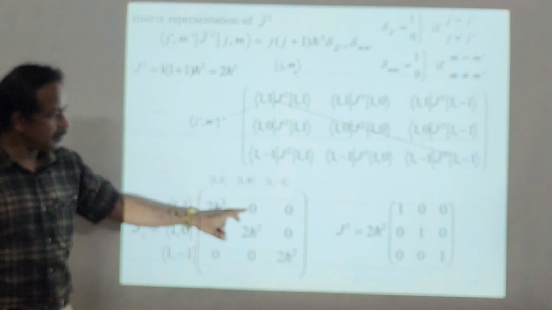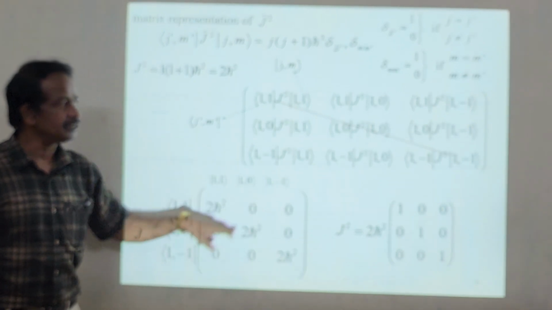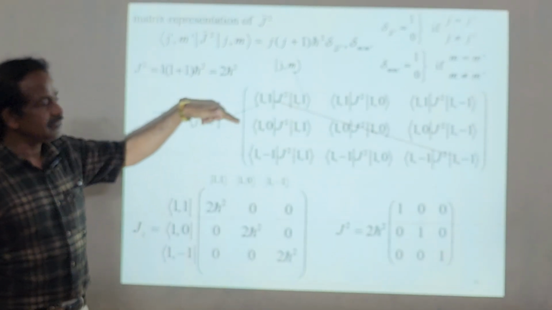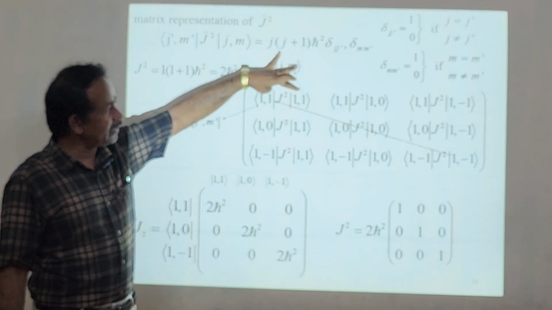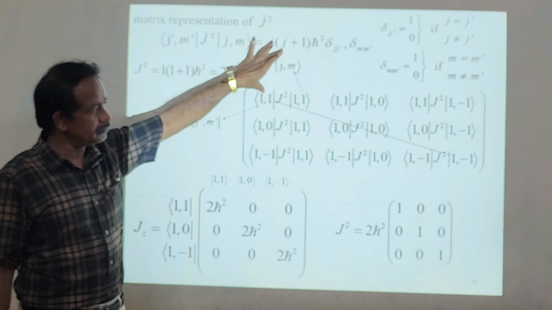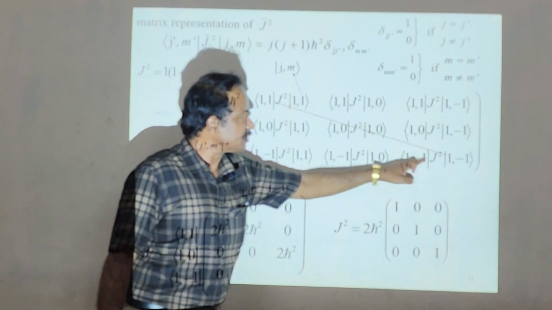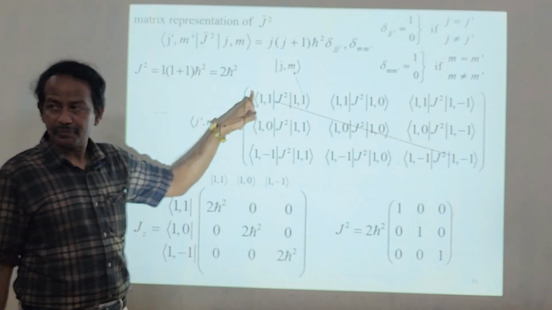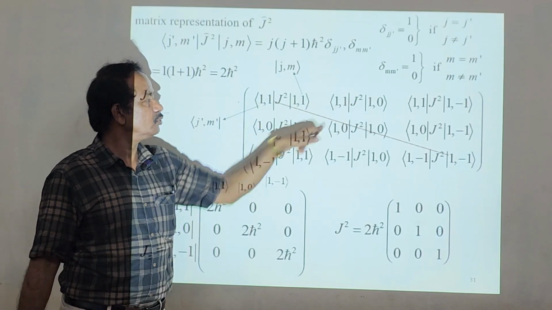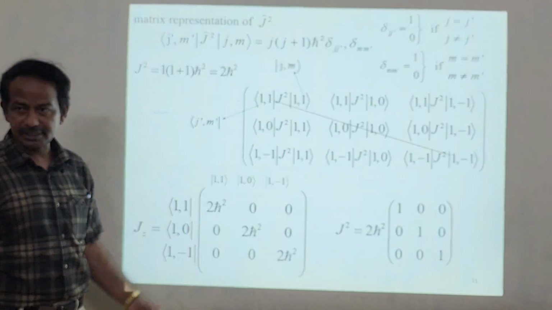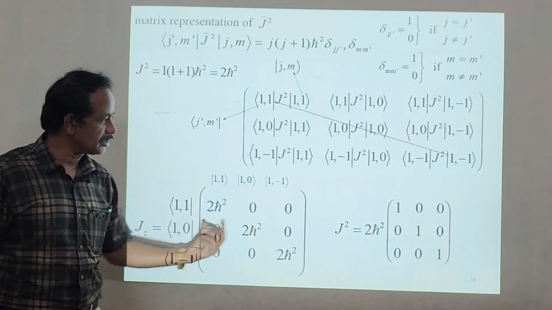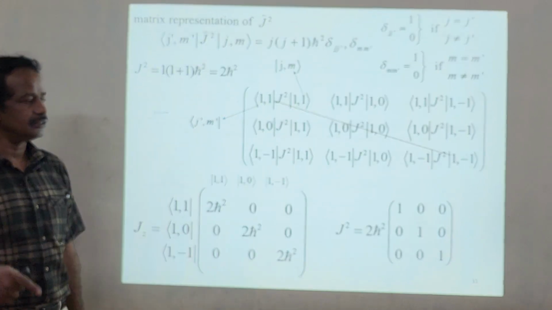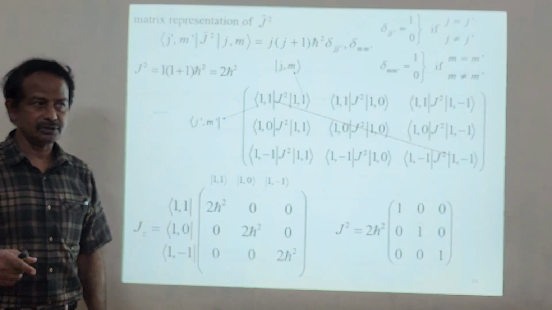So all the other upper and lower diagonals will be 0. The complete matrix representation will be J squared sandwiched between ket 1 1 and bra 1 1. And these things will represent the diagonal elements, while those will be the off-diagonal elements, as we have seen earlier. And J squared will be, you pull 2 h bar squared out, that will give you 1 0 0, 0 1 0, 0 0 1.